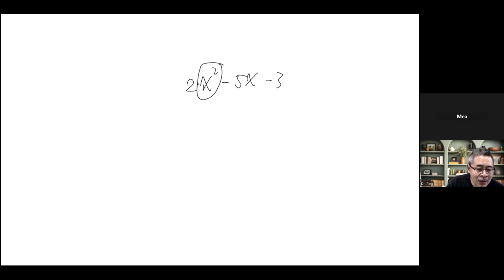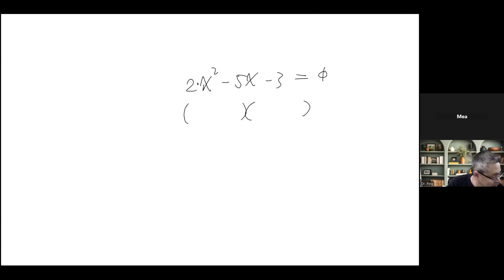So how do we do that? We actually use the same technique. We turn that into two factors, but now the number before x is going to be different.